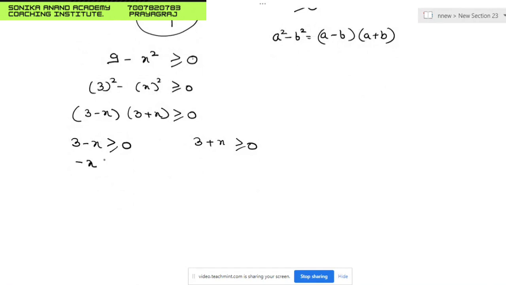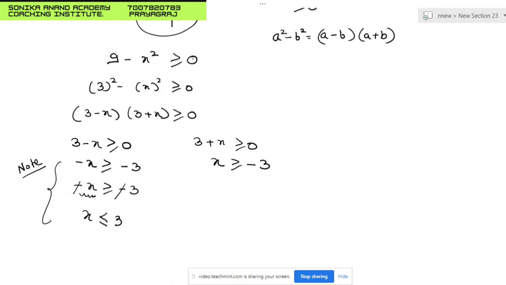It becomes minus x greater than or equal to minus 3, and x greater than or equal to minus 3. Please note at this point: we cancel these two minus signs, but whenever there is a minus sign with x, we also invert the inequality sign. Please remember this. We have this case here and this case here.